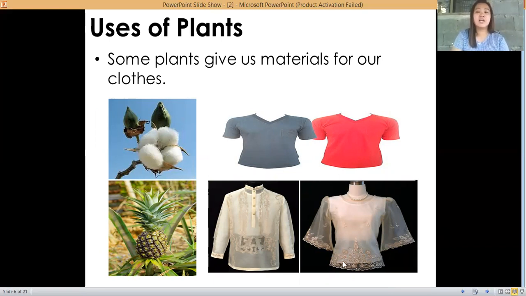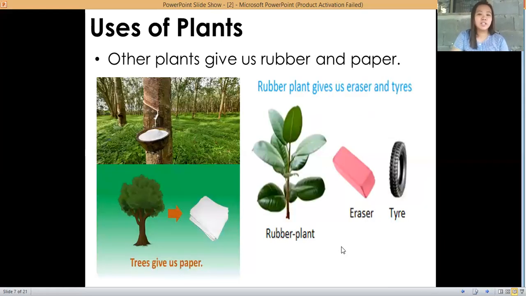These are our national costume. Other plants give us rubber and paper. Rubber comes from rubber trees, and some trees we can make into paper.